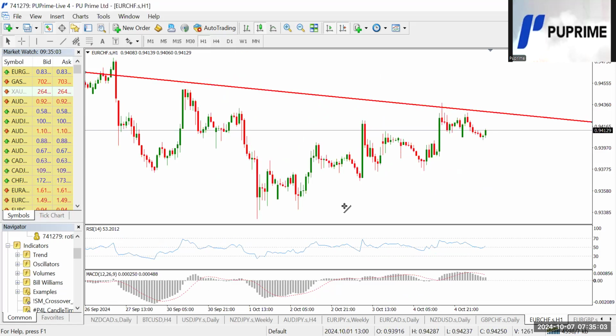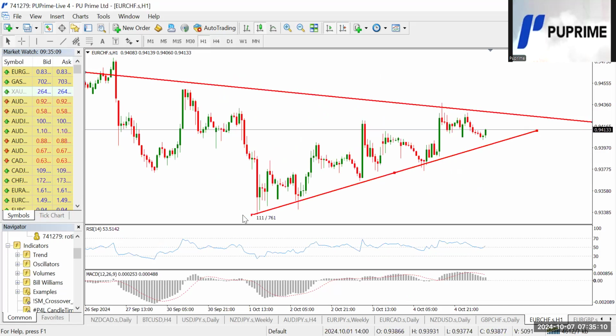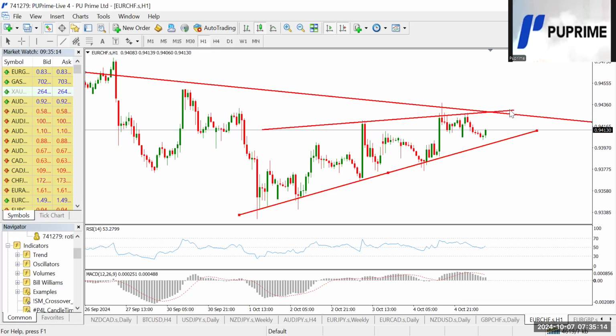And on the 1-hour time frame, we have a rising wedge pattern, and we equally have a resistance on the 1-hour.